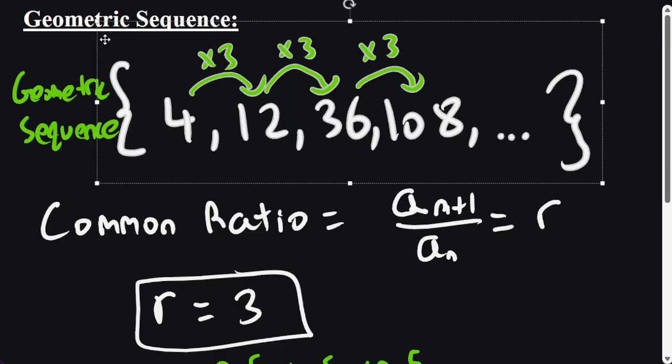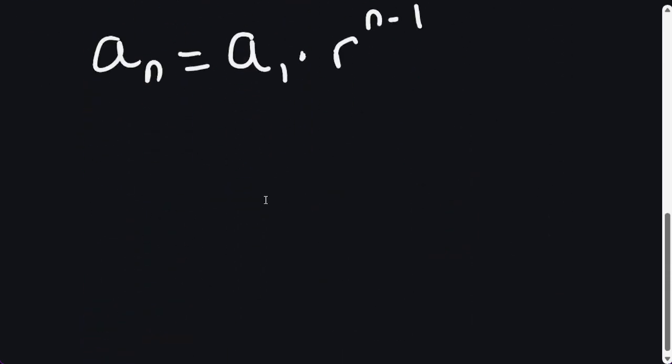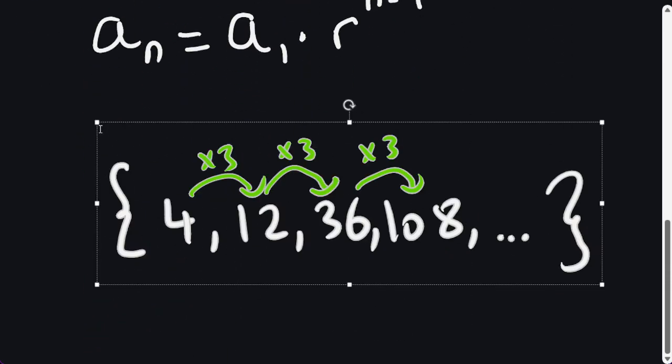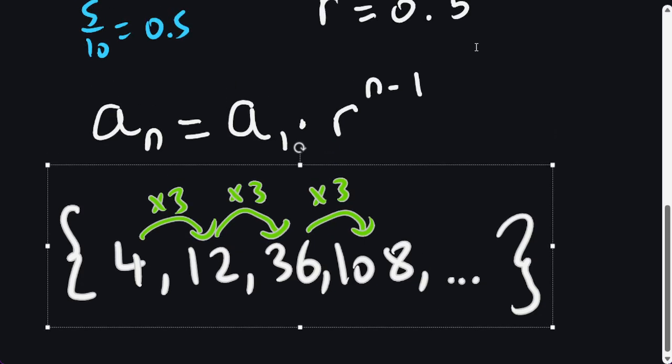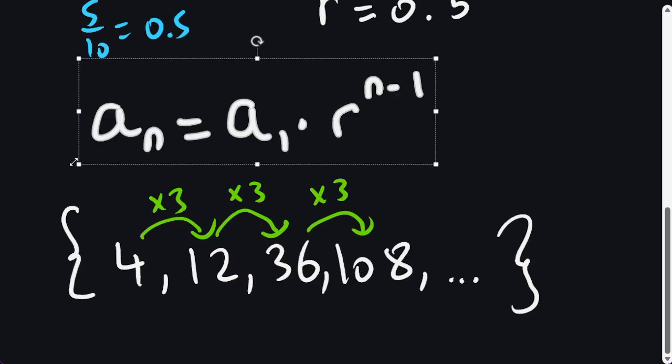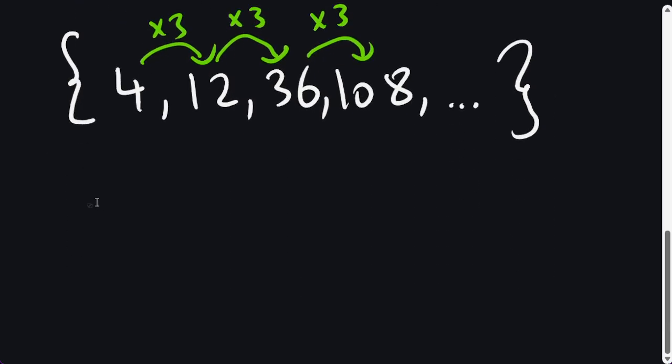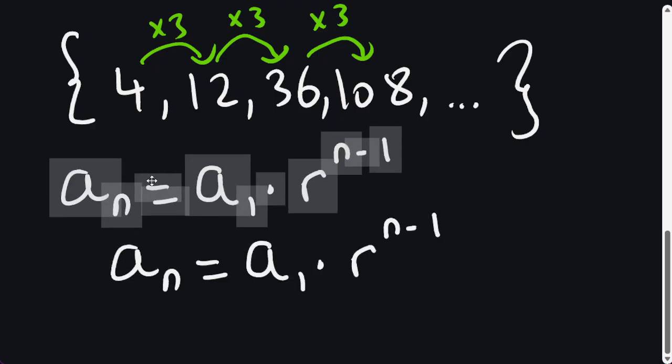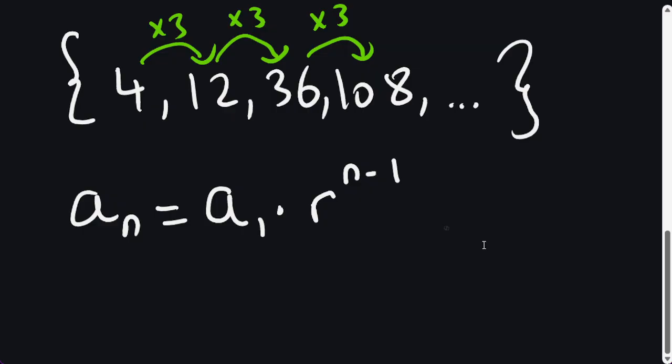Let me copy and paste it down below, just so we see it. Okay. So let's say I wanted to find the fifth term of this sequence, so a sub 5.